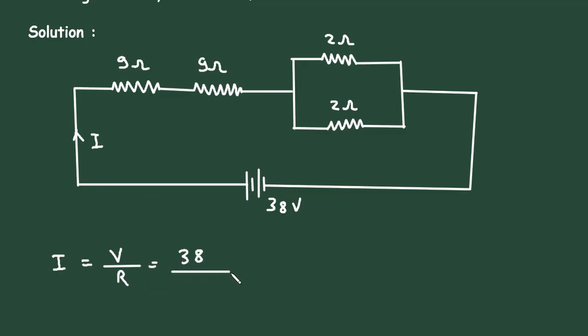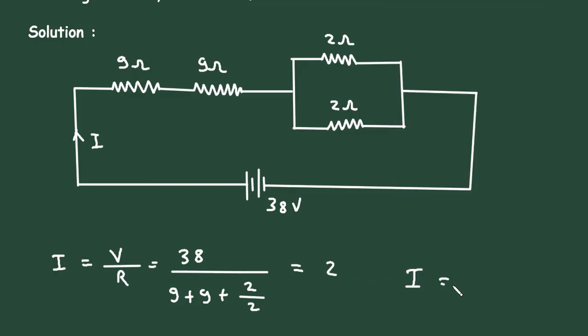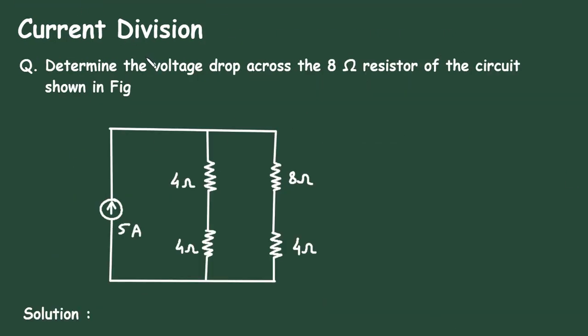So let's solve it. Solution. First of all, let's write Vs is equal to V1 is equal to V2. Here we can see the polarity of all the voltages is the same. The value of Vs is 150 volt. Now here we can see this I1. So I1 is equal to current is equal to voltage divided by resistance.